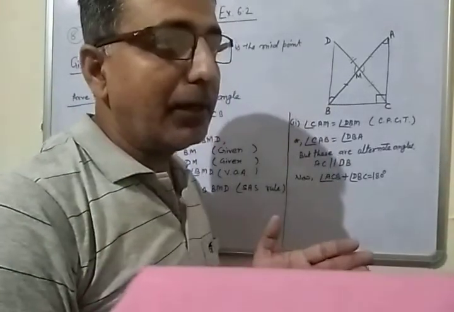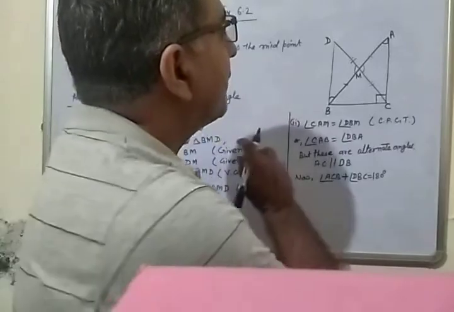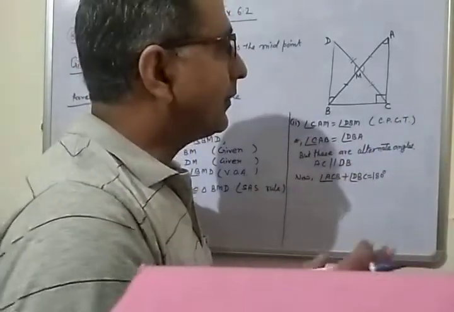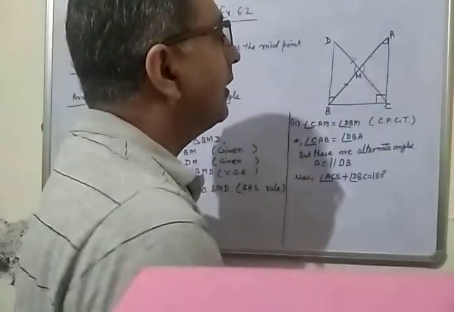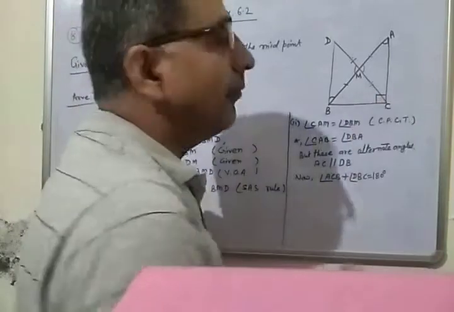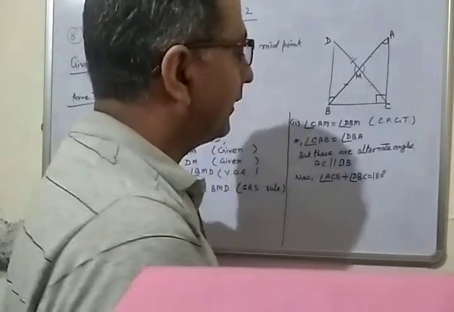If lines are parallel and intersected by a transversal, then angles on the same side of the transversal are supplementary, or the sum of these angles will be 180 degrees.